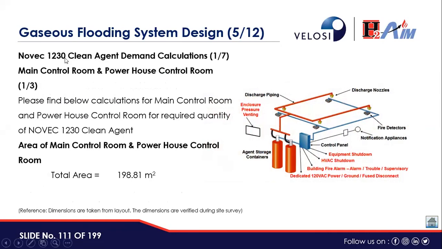For the NOVEC 1230 clean agent demand calculations at the main control room and powerhouse control room, the total area of the room was 198.81 meter square.